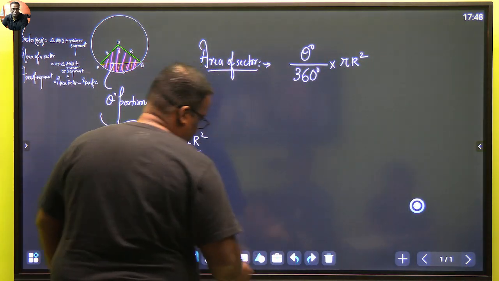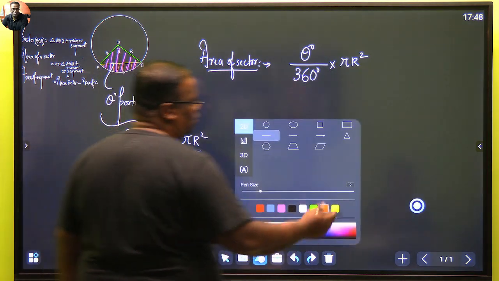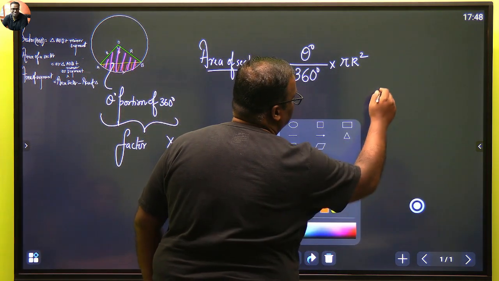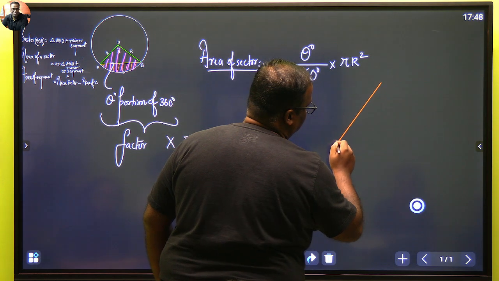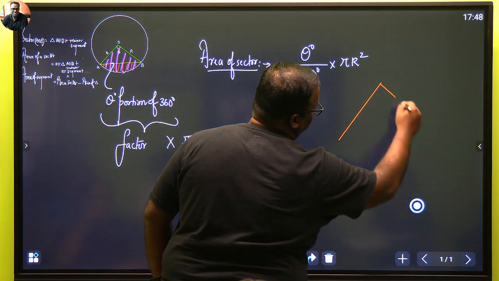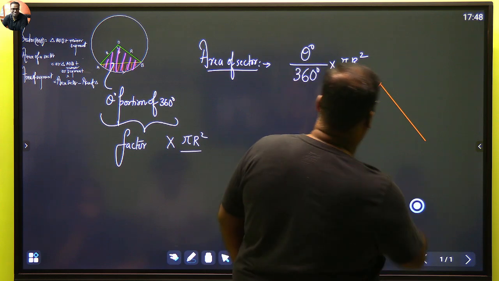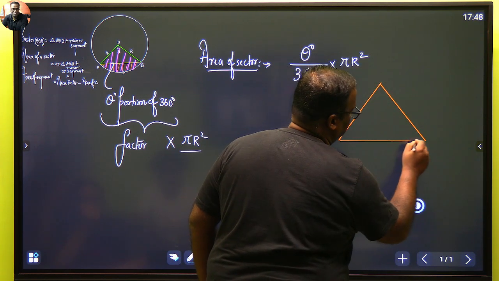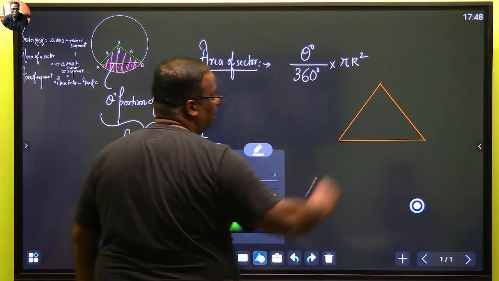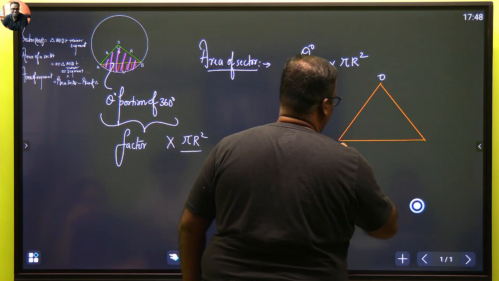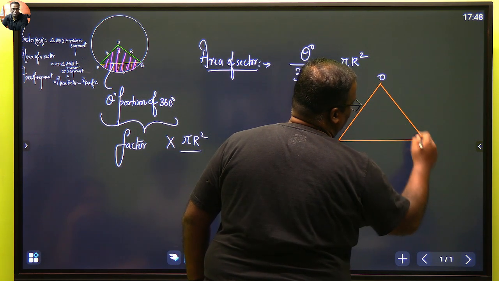Now, the trouble is going to come out here in the triangle. So let me take my triangle. I'm just drawing the triangle separately outside. Now this is my triangle OAB. Both of them are radius.